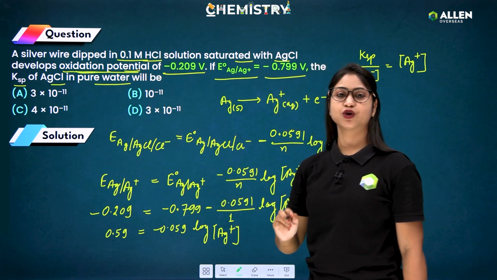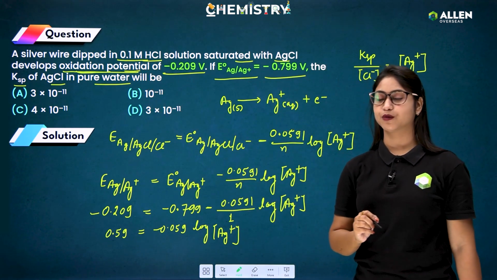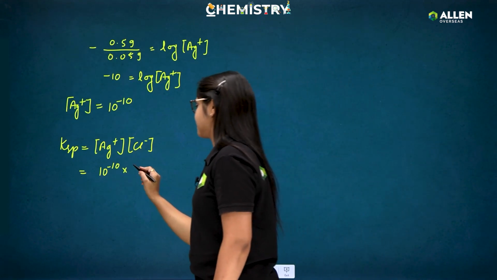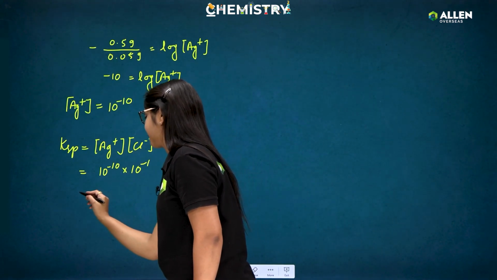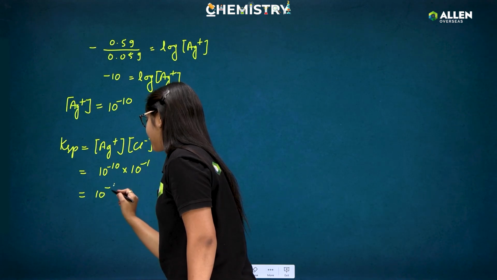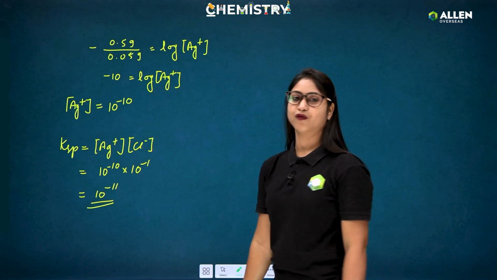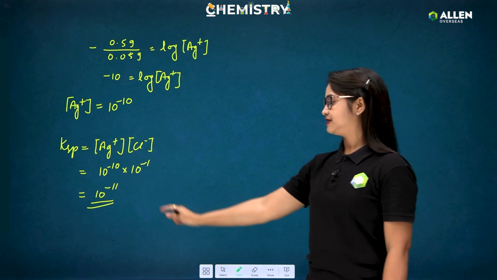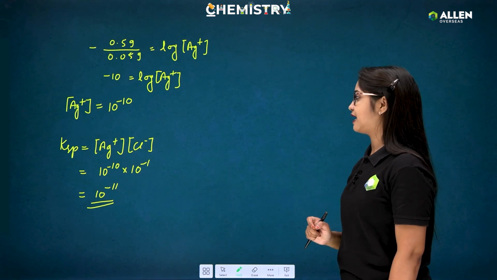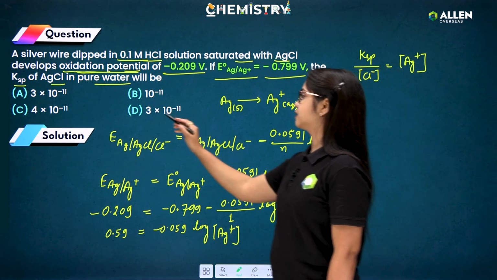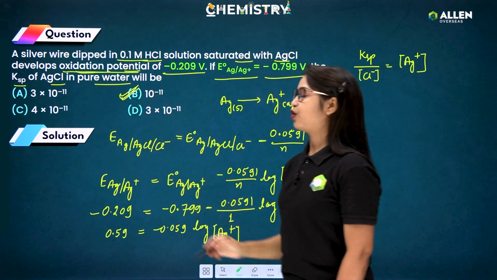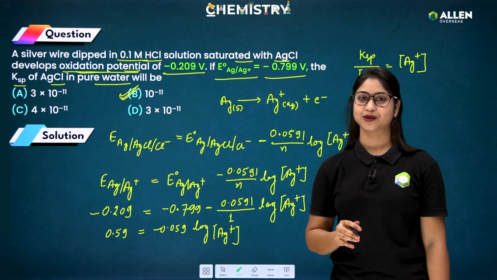So 0.1 molar means 10 raised to power minus 1 molar. So we'll get 10 raised to the power minus 11. The value of Ksp for AgCl will be 10 raised to the power minus 11, and that is given in option B. So option B will be the right answer, right?